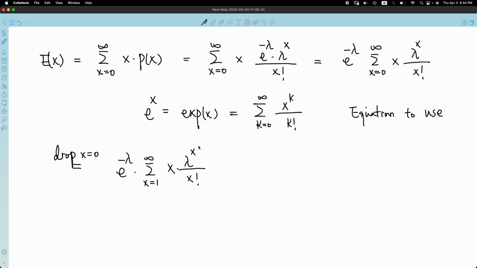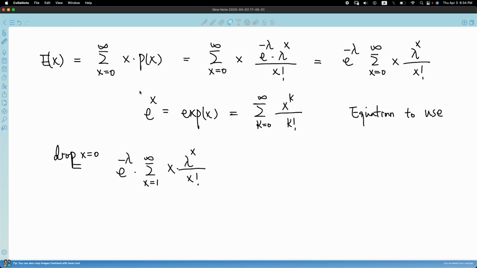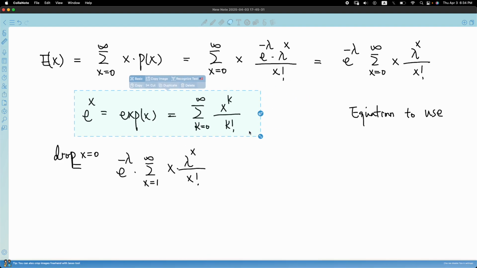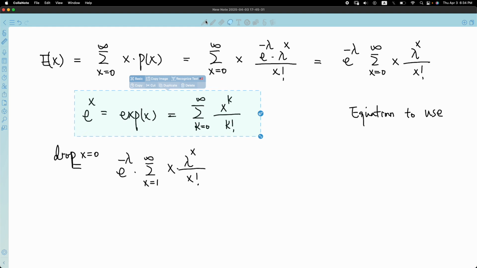This equation is saying that if you sum this from k equal to 0 to infinity, you will get the same thing, e to the x. So consider this just a formula to use.